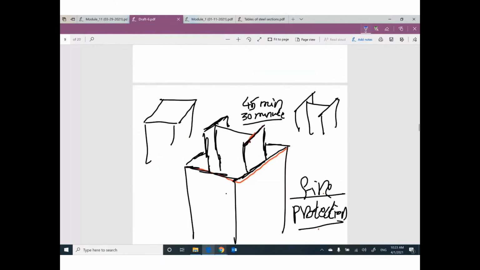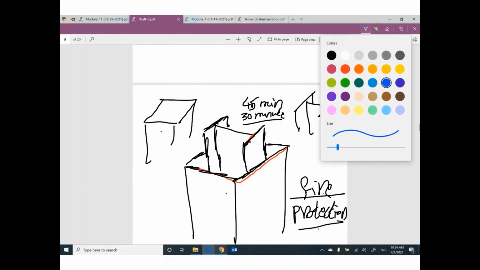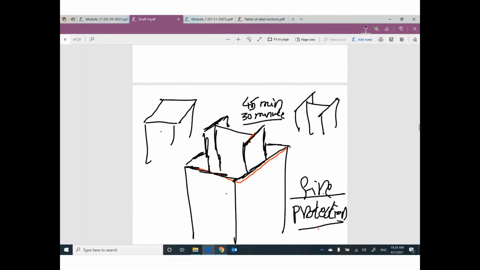Sometimes, if you decide to use a concrete column, like we did last semester in concrete design, probably this side and this side would be 5 feet or 10 feet or 15 feet, very huge. Looks like it will occupy half of your bedroom.